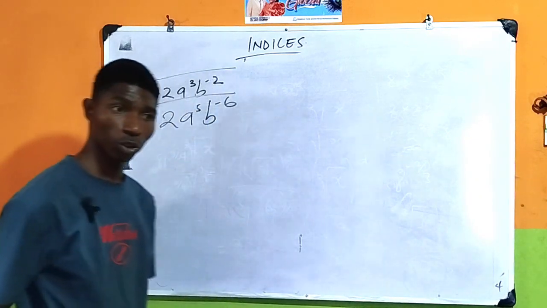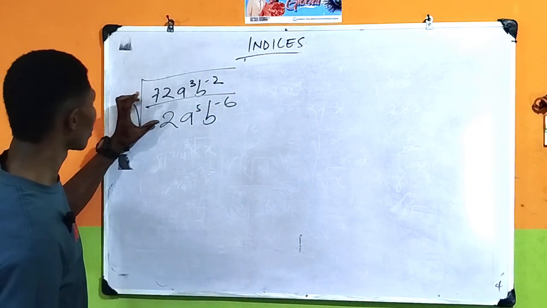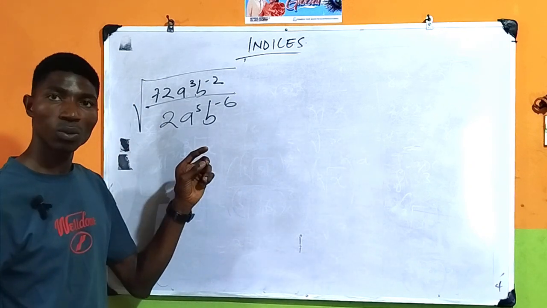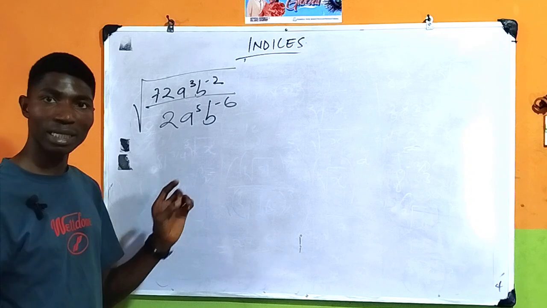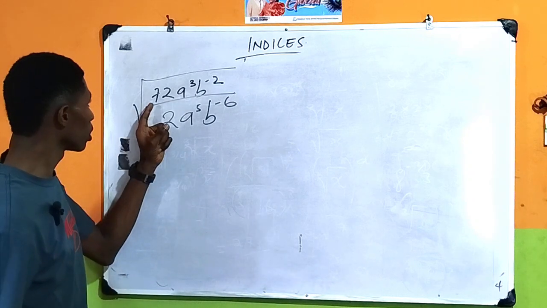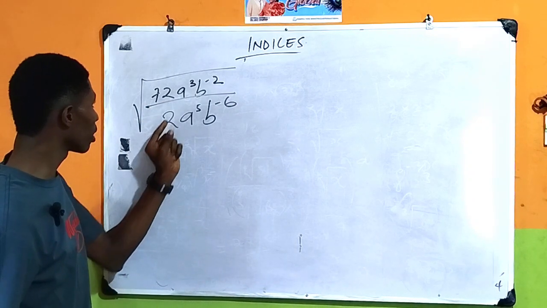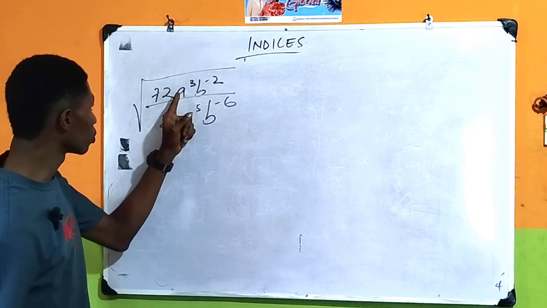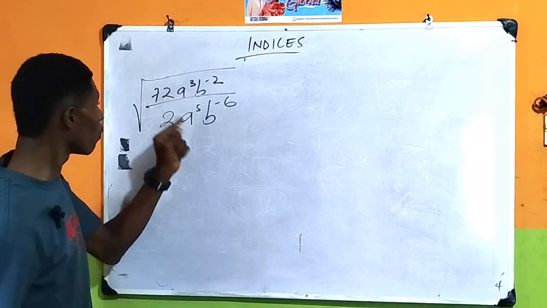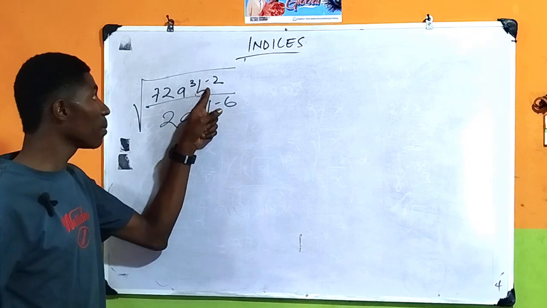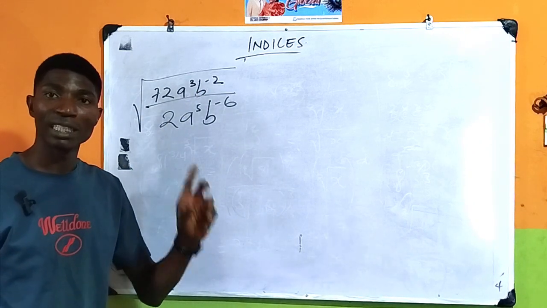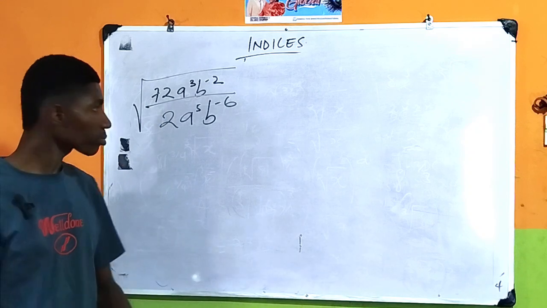For us to solve this equation, we have to simplify term-wise. In other words, 72 over 2, the number to number, and letters to letters, that is, corresponding like letters or variables. So you have 72 over 2, a cube over a power 5, and b power minus 2 over b power minus 6. You have to simplify by dividing term-wise.